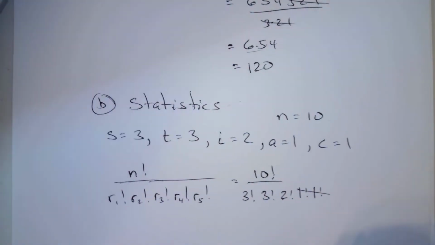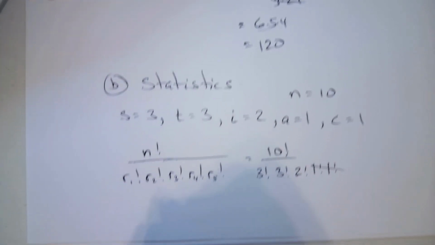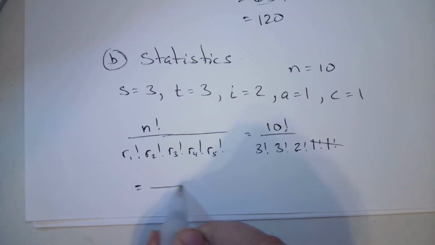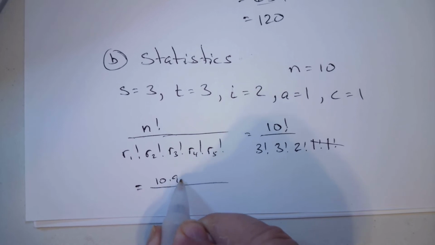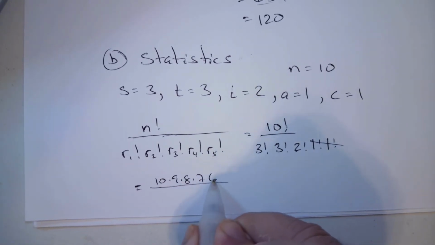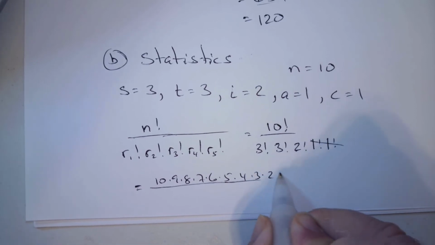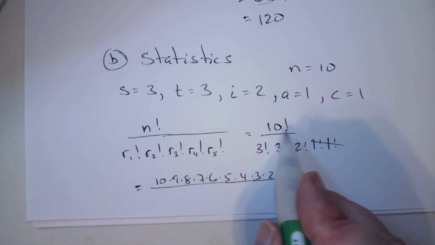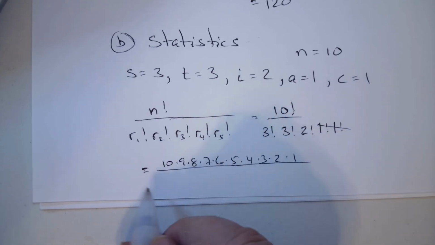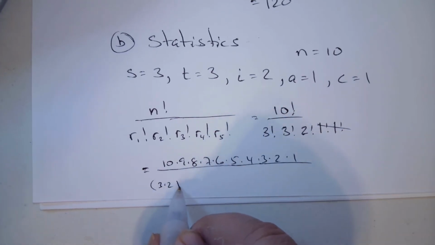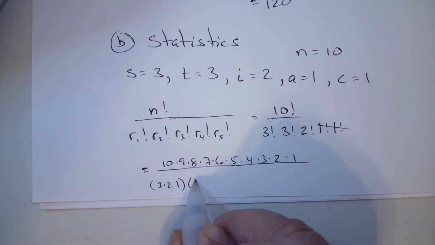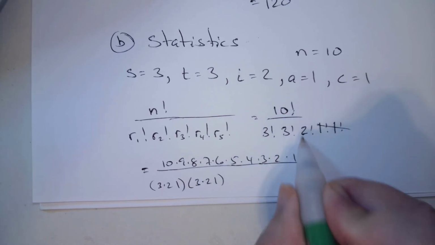Again, we don't need the ones. On top, 10 times 9 times 8 times 7 times 6 times 5 times 4 times 3 times 2 times 1. Now 3 factorial is 3, 2, 1. Next one, 3, 2, 1, and the 2.